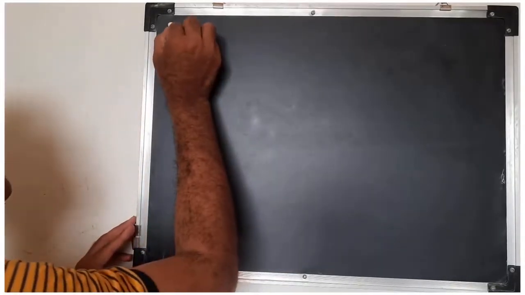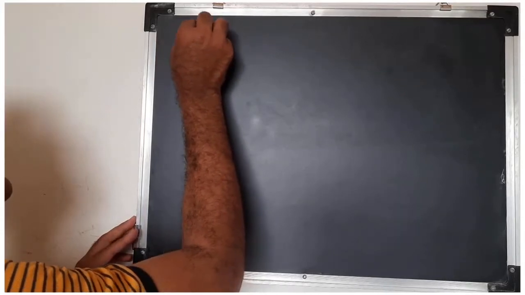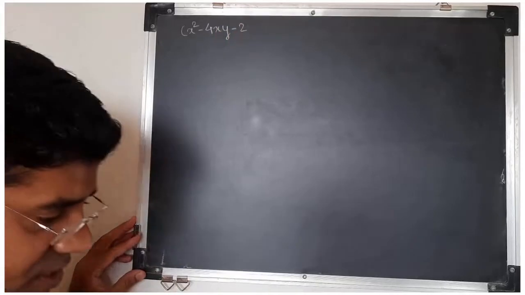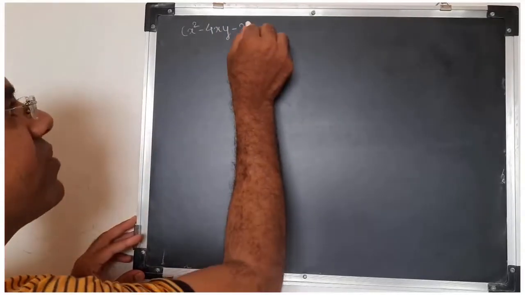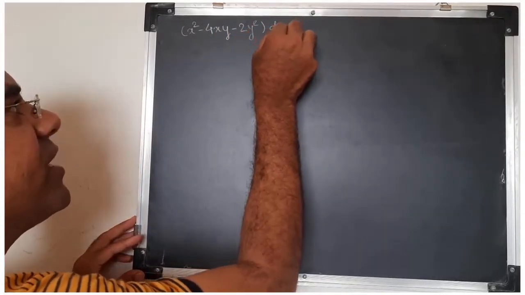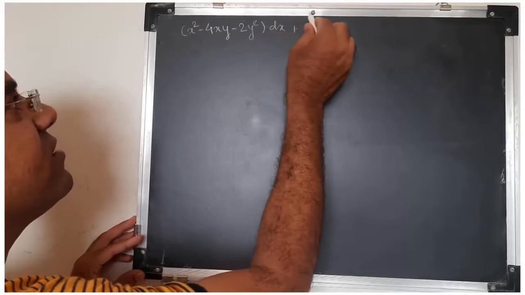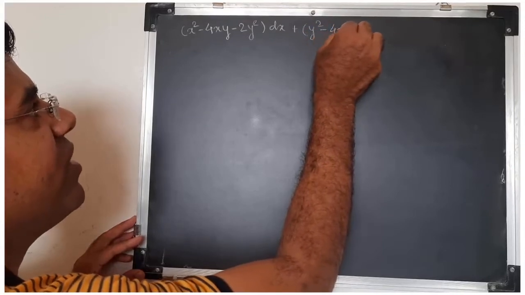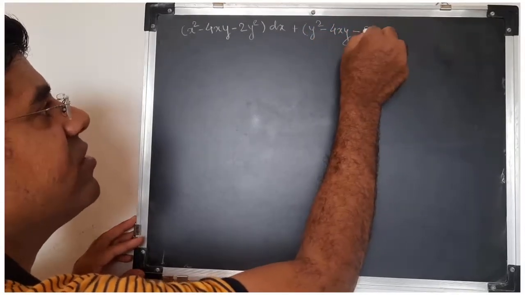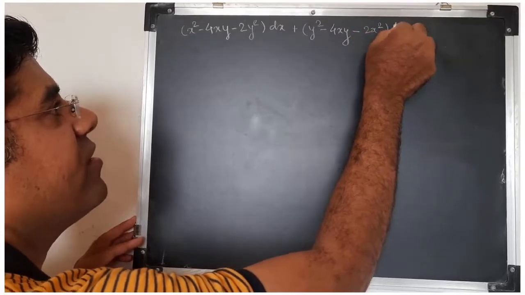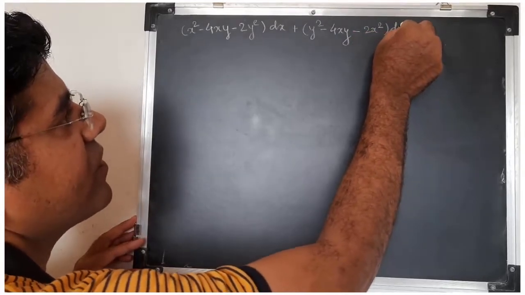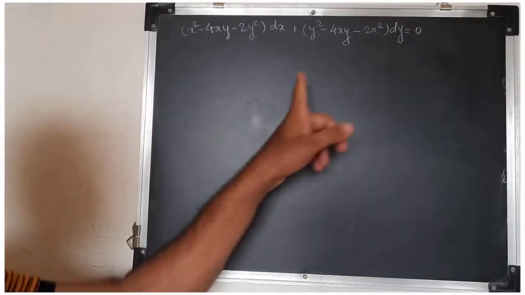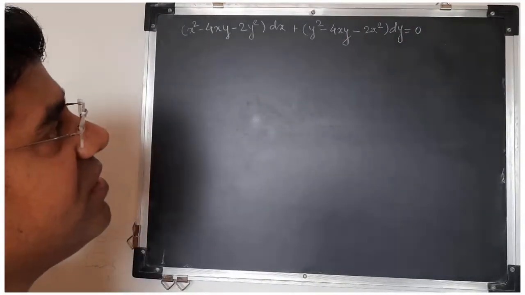The problem is: show that (x squared minus 4xy minus 2y squared) dx plus (y squared minus 4xy minus 2x squared) dy is an exact differential equation.